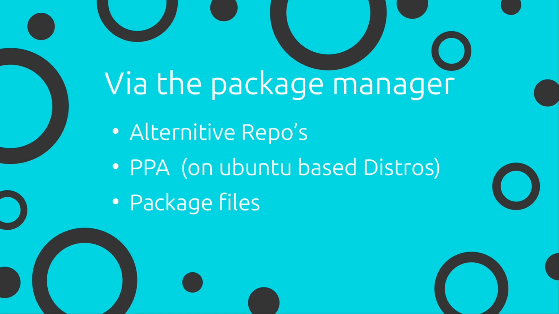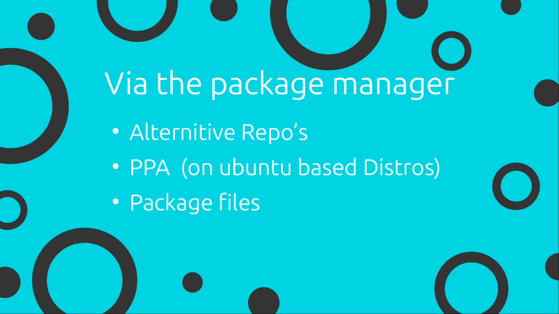Then there are PPAs on Ubuntu-based distros and Ubuntu itself. They're more official, a bit odd, but they're still there, and that's generally the option used instead of alternative repos. And then we have package files, which we talked about in the beginning.